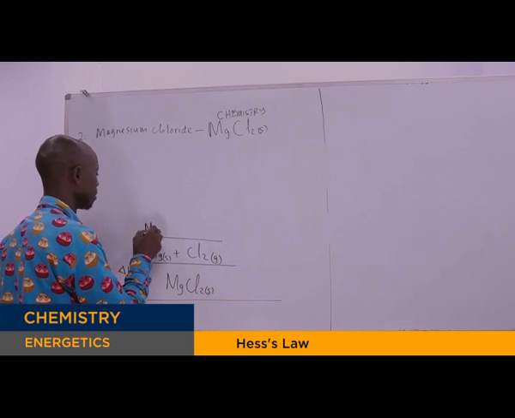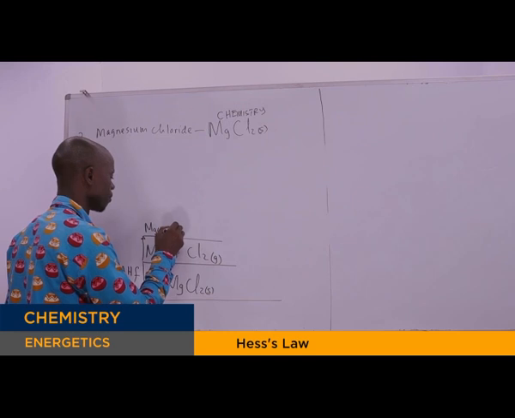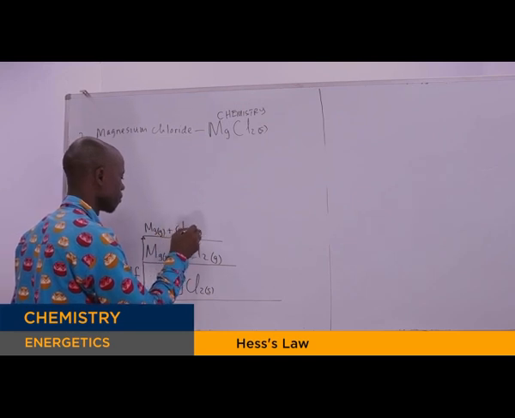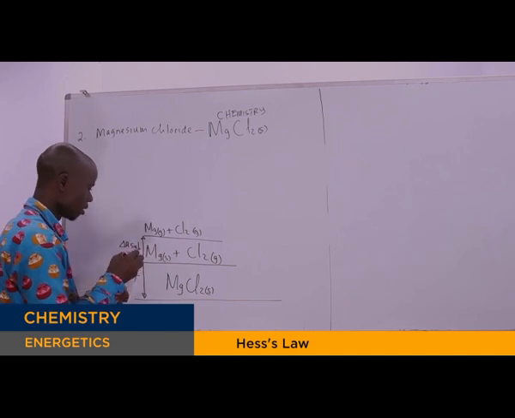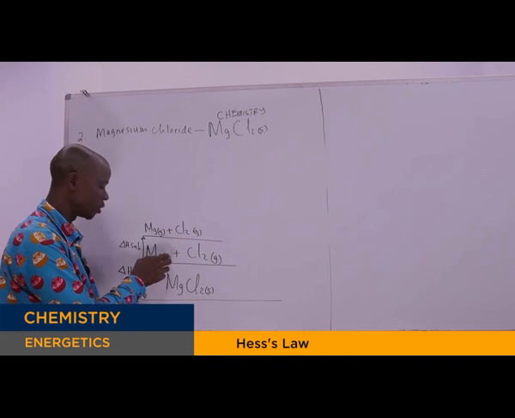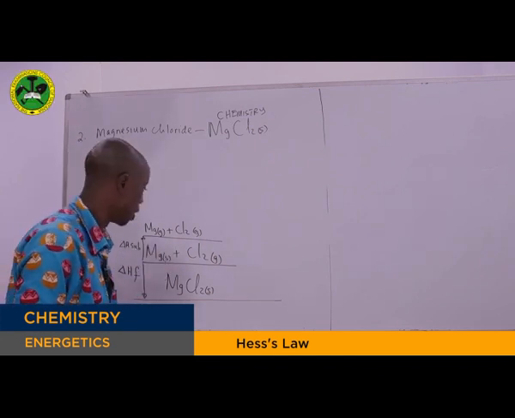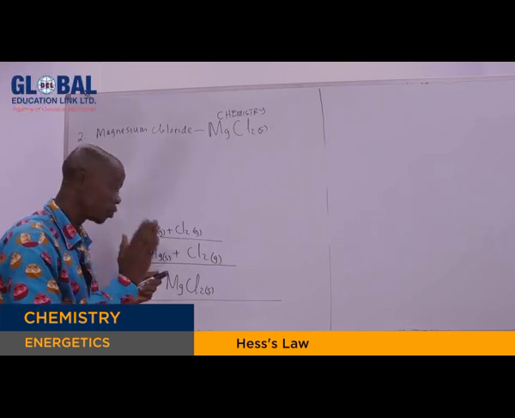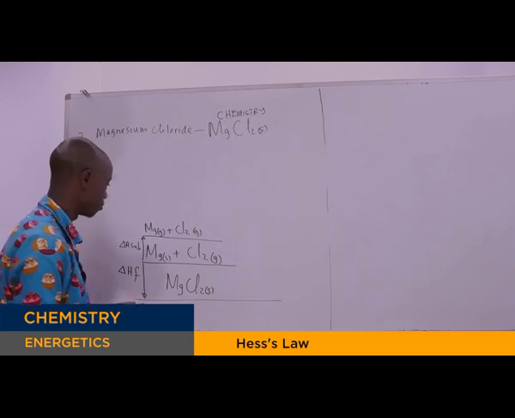This is magnesium. The enthalpy of sublimation of magnesium is the conversion of solid magnesium into gaseous magnesium atoms. So from there, as I told you, we start with the metal. When we finish with the metal, we'll go to the non-metal.